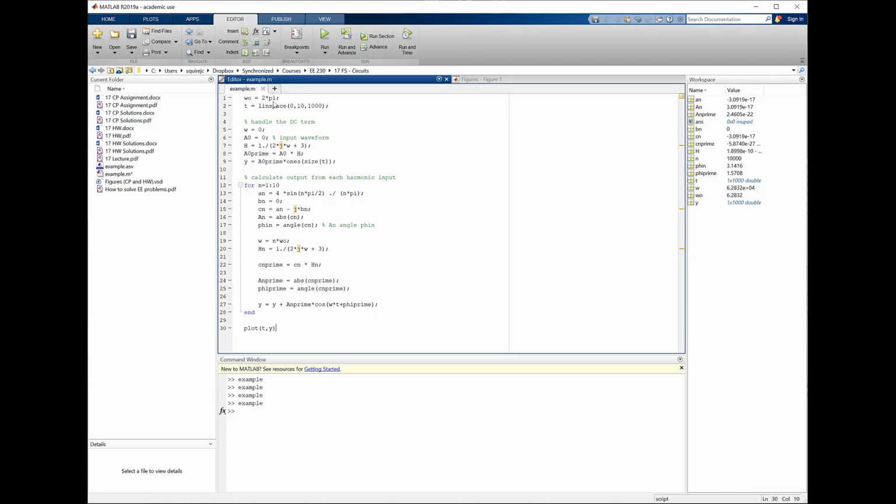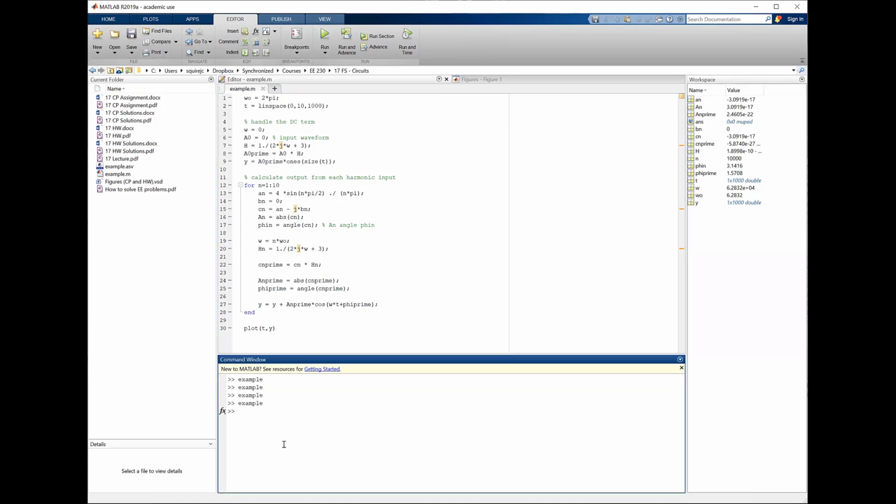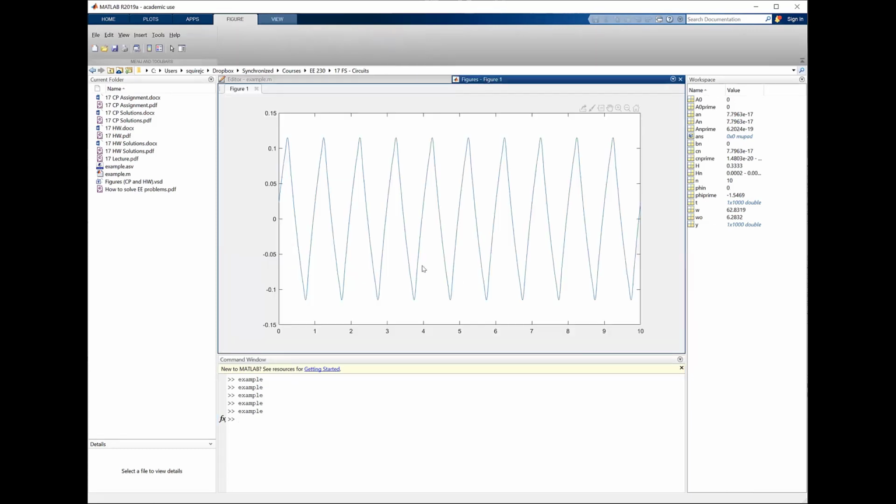So let's save this and we will run it and take a look at what it looks like. So this is with 10 harmonics, and it already looks pretty close to a perfect triangle wave. You can see it's bent just a little bit to the right. It's curved just a little bit, but it looks like a triangle wave.